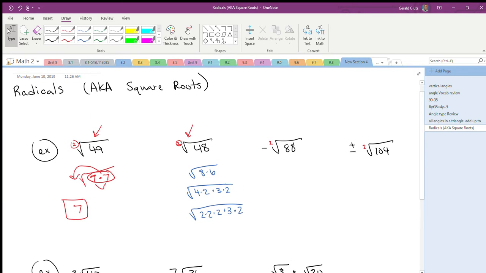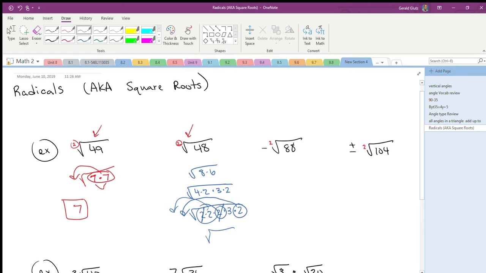So now what I want to look for is pairs. So I got a pair of 2s right there. I got another pair of 2s. So once you find your pair, one goes away, the other comes out. One goes away, the other comes out. So everything that I've circled is no longer inside of the radical.